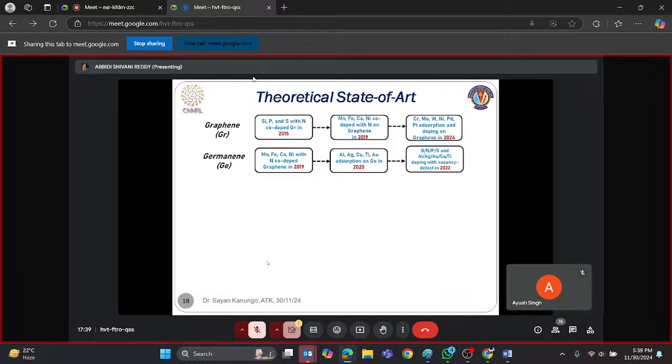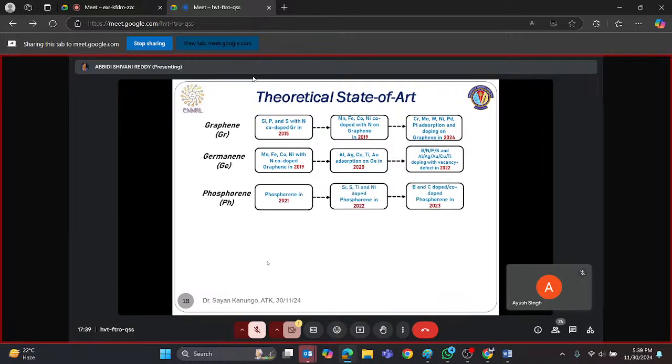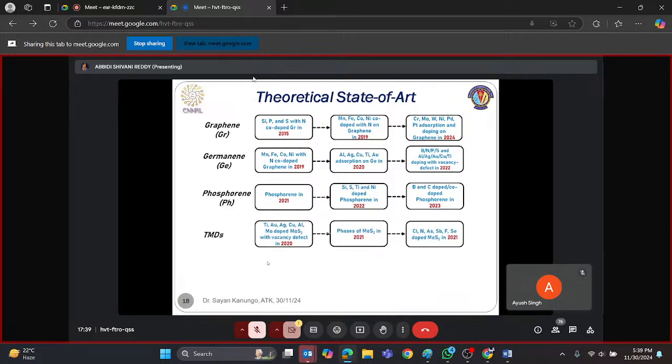Now, let us focus on the 2D non-Dirac Xene, that is phosphorene. Phosphorene is relatively a new material in the context of EDL supercapacitor electrode design. As the timeline shows here, the exploration of phosphorene started somewhere around 2021 and thereafter only a handful of works have been reported. Apart from 2D Dirac Xenes and non-Dirac Xenes, TMDs are the other class of 2D materials used for electrode design of EDL supercapacitor.